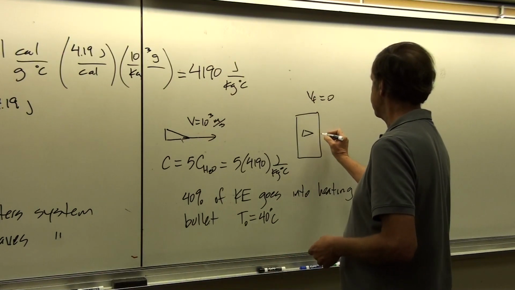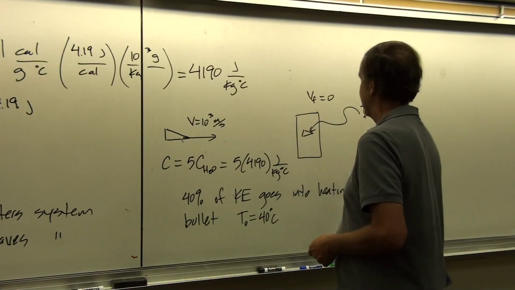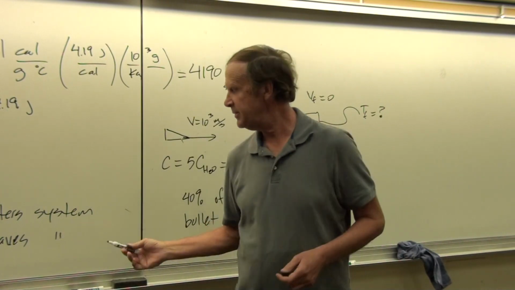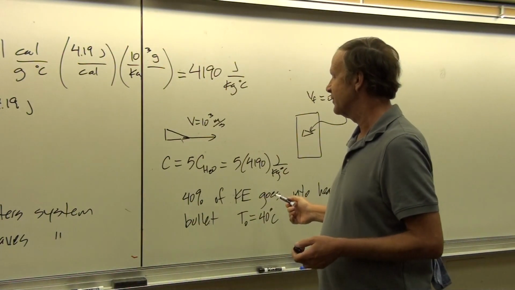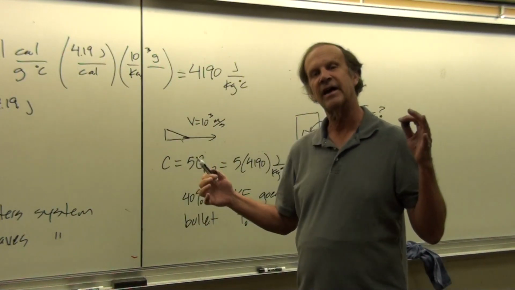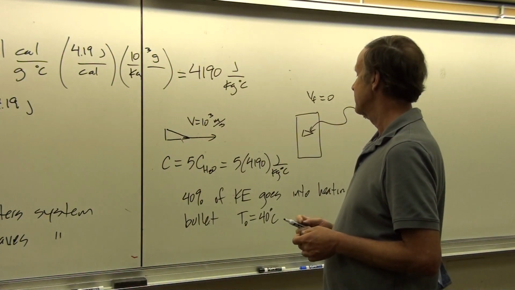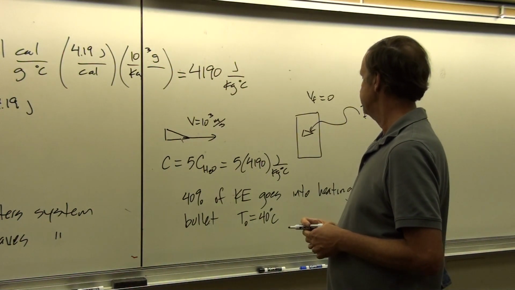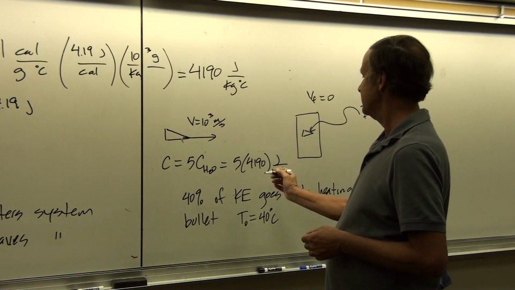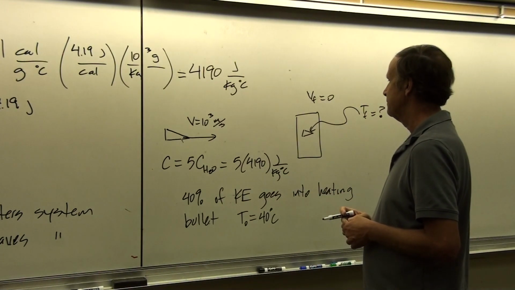Let's find the final temperature of the bullet. Now I'm not talking necessarily about the temperature of the block here, because the block may be getting another 40% of the kinetic energy, and then maybe 20% is going into sound waves and other deformations that aren't directly related to heat. Or maybe the air is absorbing some of the heat. But let's just say that 40% of the kinetic energy goes into heating the bullet.